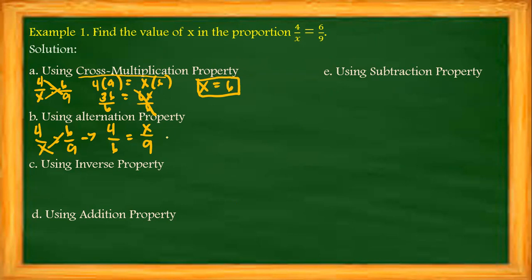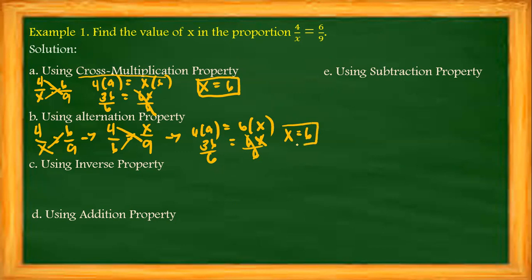After that, let's cross multiply 4 and 9 equals 6 times x. 4 times 9, the answer is 36 equals 6 times x, which is 6x. Then let's divide both sides by 6. So the answer is 36 divided by 6, which is 6. All right, we have the same answer.